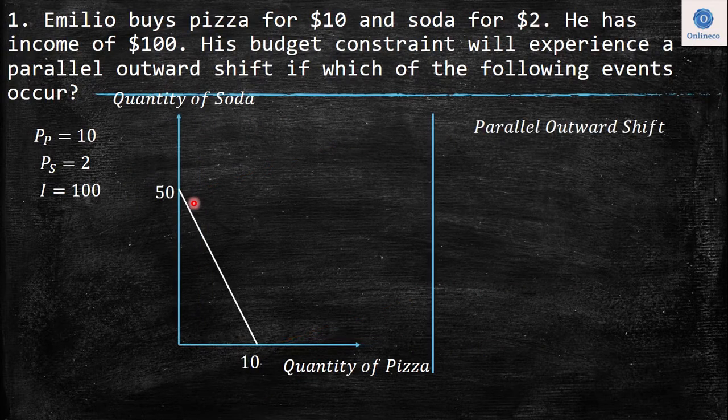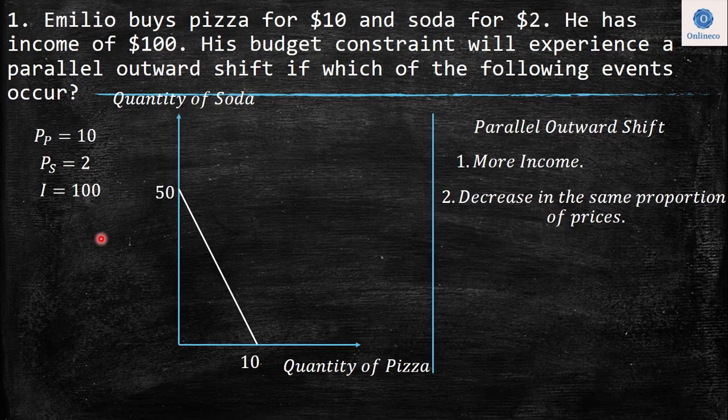Now, what we want to represent is a parallel outward shift. It could be the case that you have more income, so automatically you can consume more of both goods. And remember that the slope of the budget constraint is given by the relation of the prices. So if the relation of the prices doesn't change, the slope of that curve will be exactly the same.